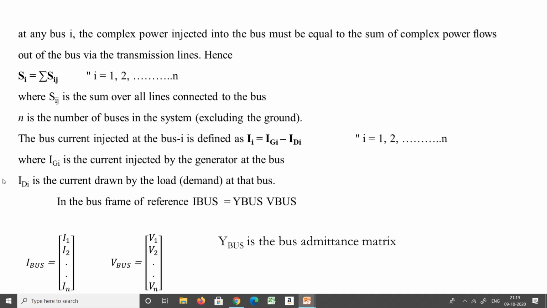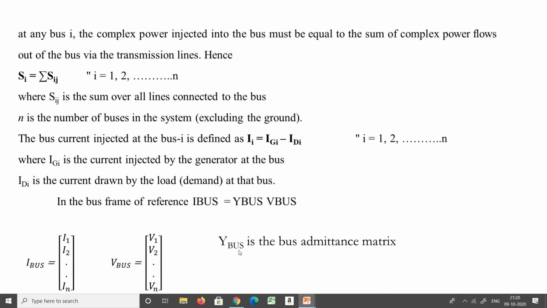So it can be represented: the current drawn by the load will be represented with I bus. I suffix bus will be equal to Y bus into V bus. It can be represented in matrix form, I1, I2 up to In, and similarly V1, V2, Vn.